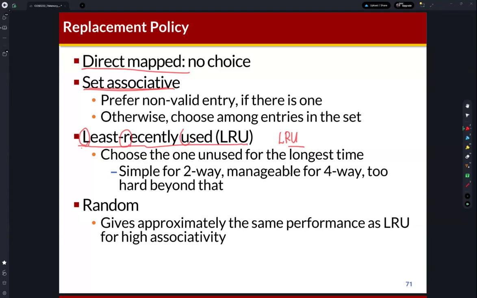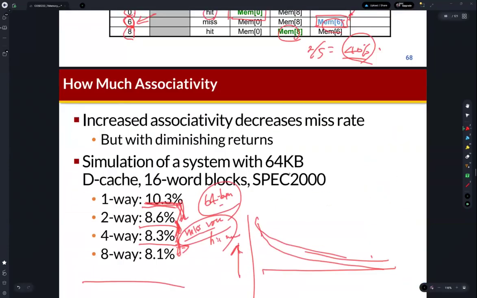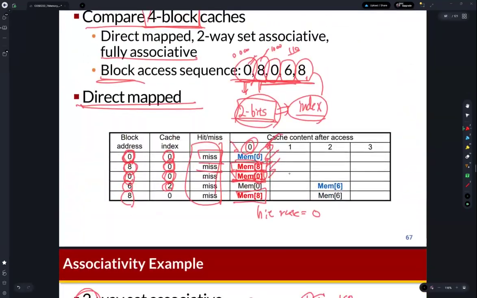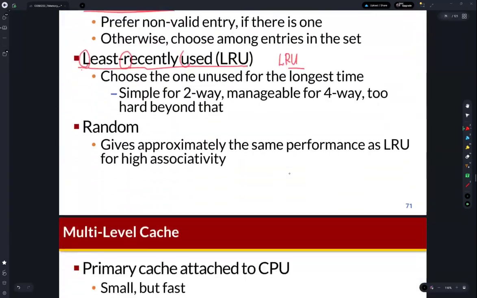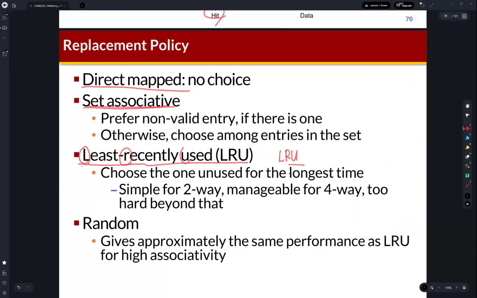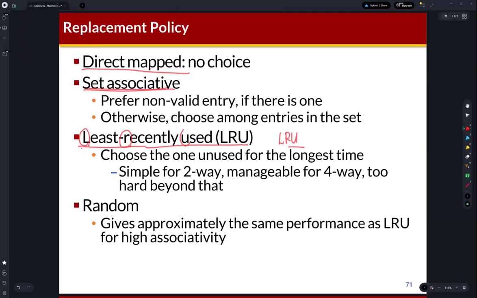As I mentioned, I also explained the LRU policy here. It means that if a cache block is least recently used, then this block will be evicted from the cache.